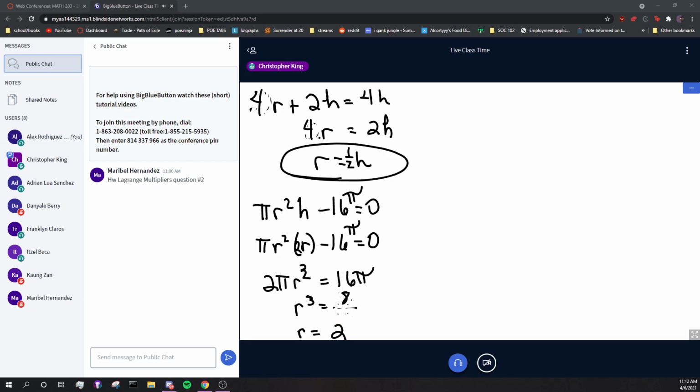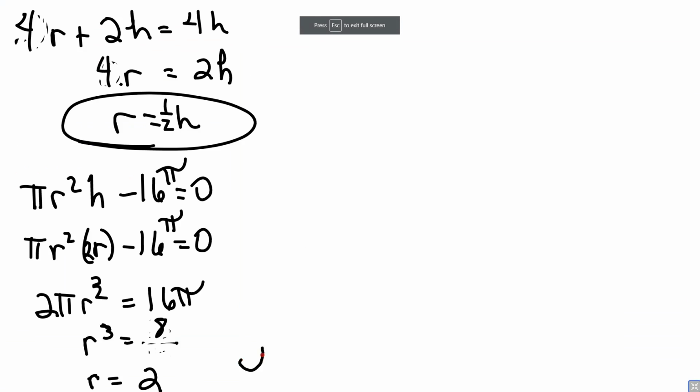So R is going to be 2. There we go. So if R is 2, that makes H 4 in both cases, centimeters. Okay, so it helps if I actually copy things correctly.